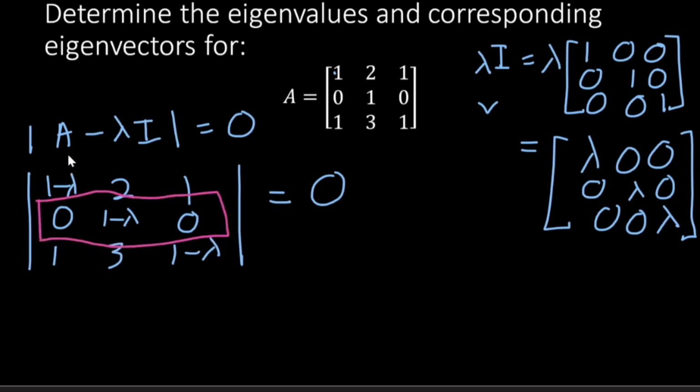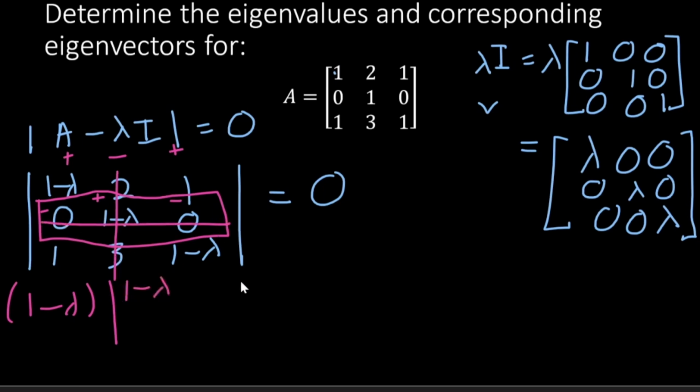So this will be positive, negative, positive, negative. So now I don't have to consider the zeros. I only have 1 minus lambda multiplied by the determinant of, cancelling this and this, 1 minus lambda, 1, 1, 1 minus lambda, equals 0.